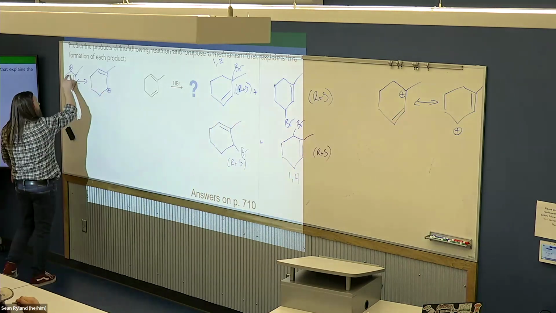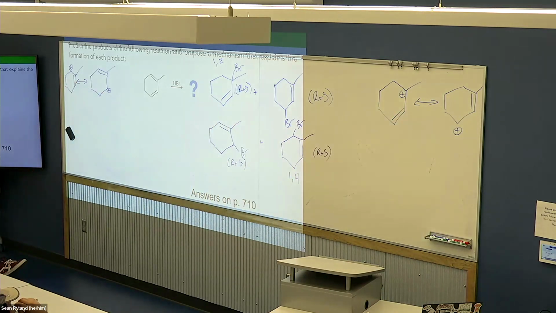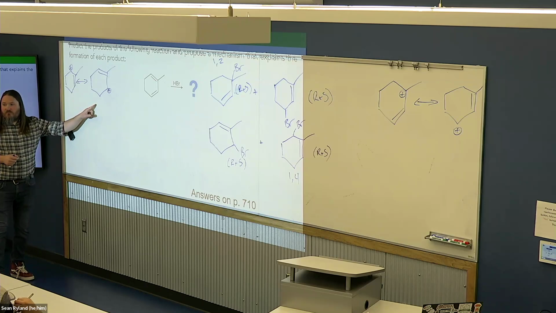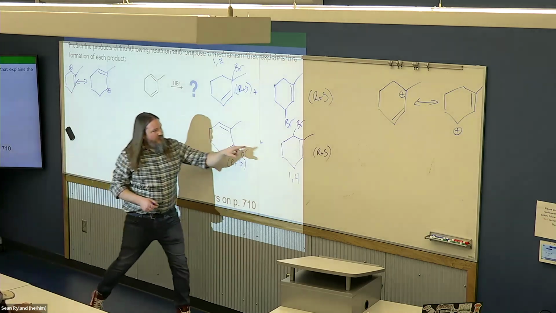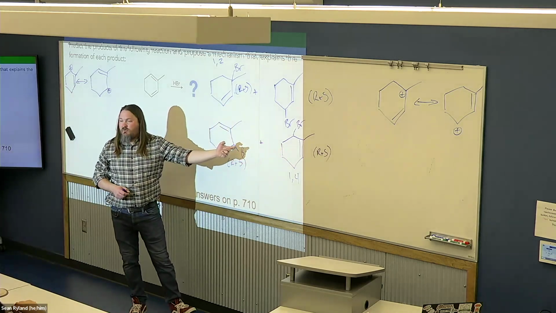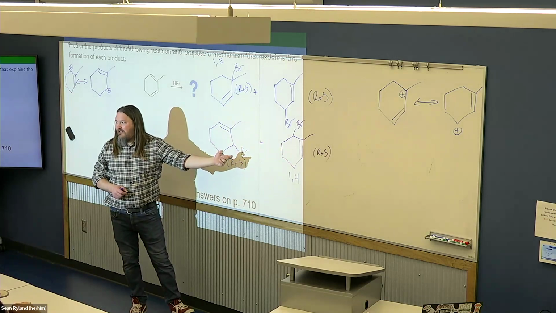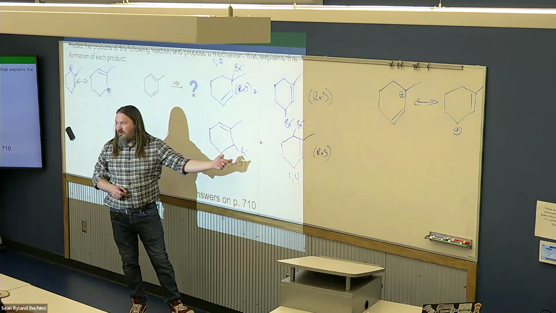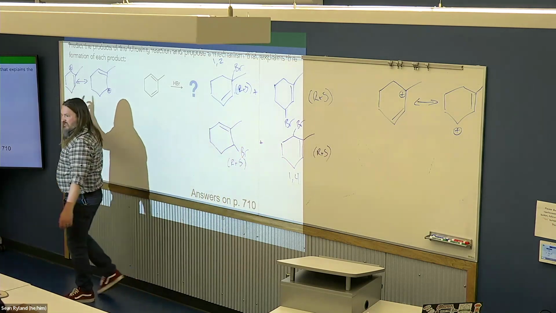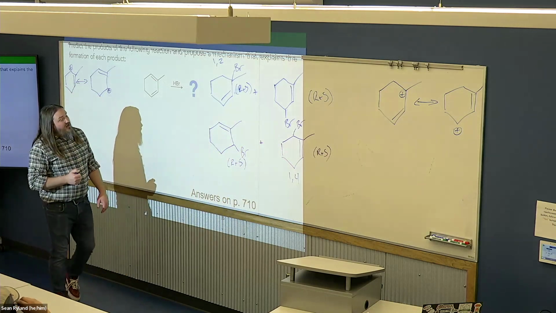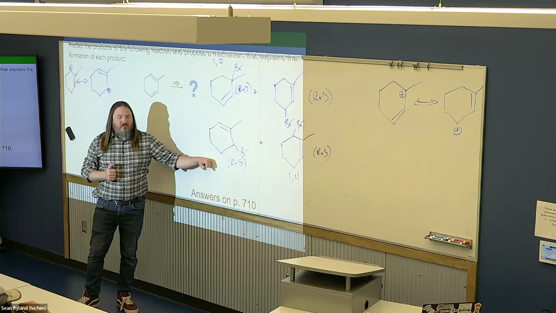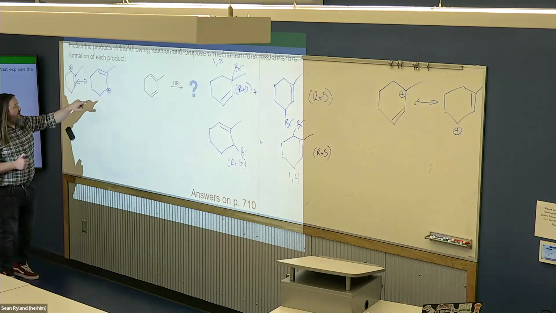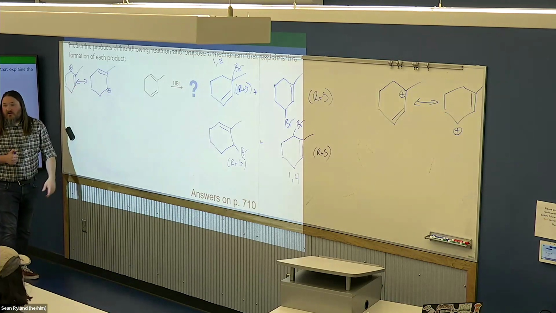They're both secondary, and so the kinetic versus thermodynamic product is not going to be as big of a difference here. Especially considering both of these lead to an equally substituted alkene in the end, right? So Zaitsev's rule is less of a factor, and they're both going to be close to the same kinetically. We'll still favor, under kinetic conditions, the 1,2 adduct, mostly just because of proximity. If you had to add a bromine or a hydrogen here, then your bromide is already close to that carbon physically.